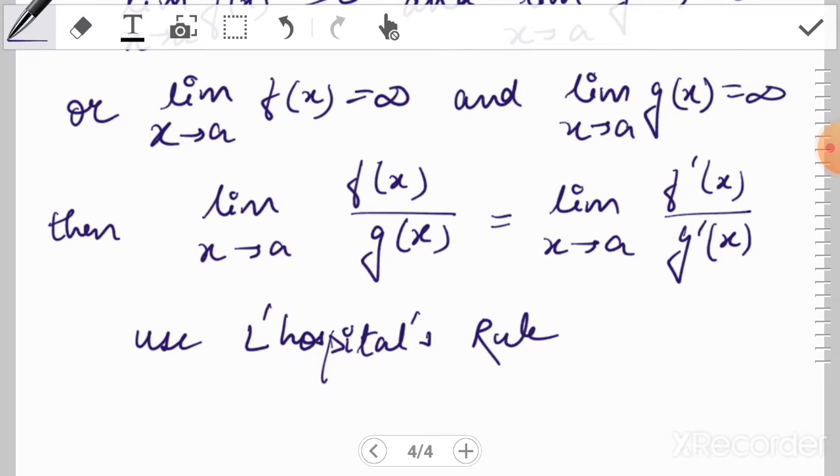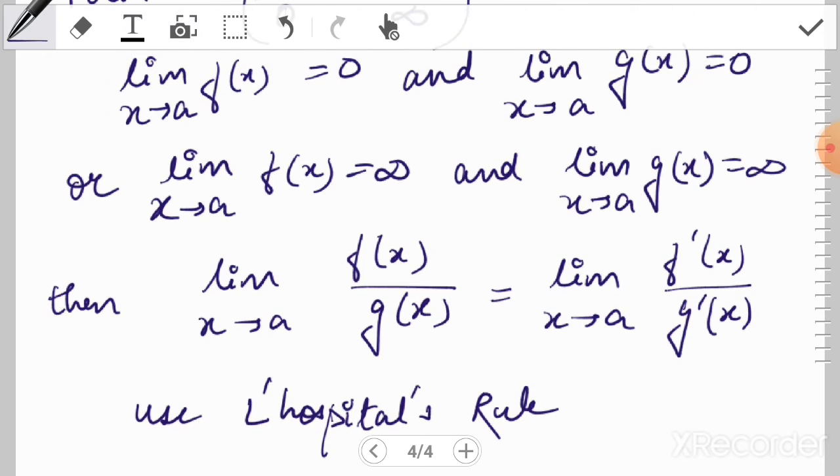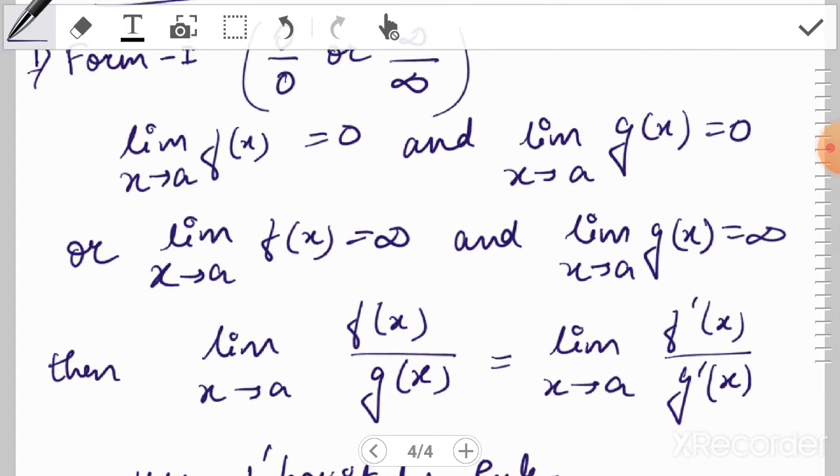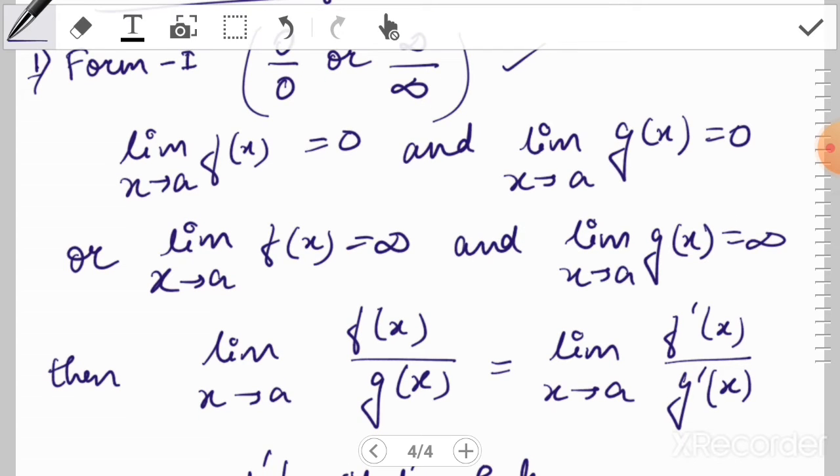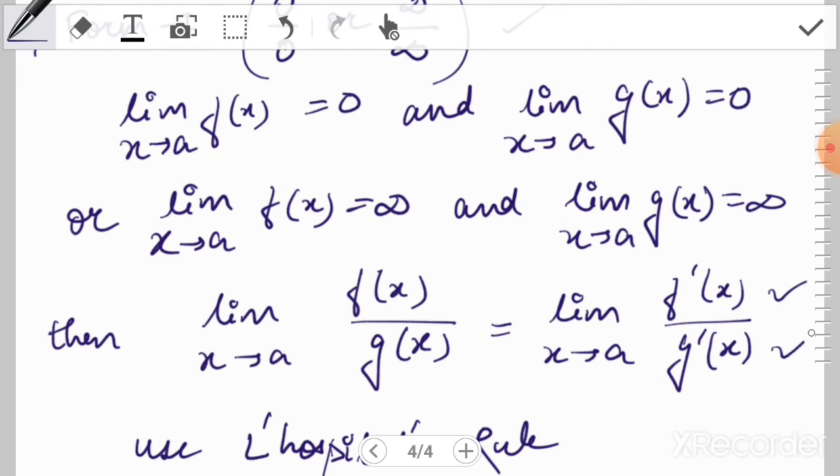Okay, so what we did: if the limit of f(x) by g(x) as x tends to a takes the form 0 by 0 or infinity by infinity, differentiate the numerator and denominator separately with respect to x and obtain a new function f'(x) by g'(x).